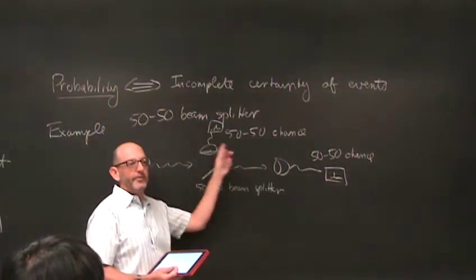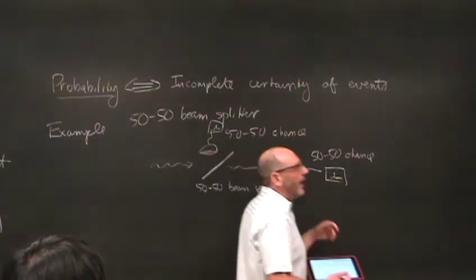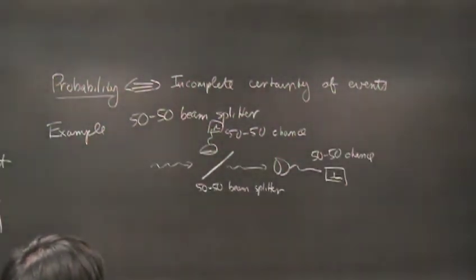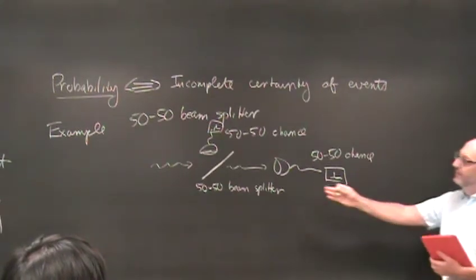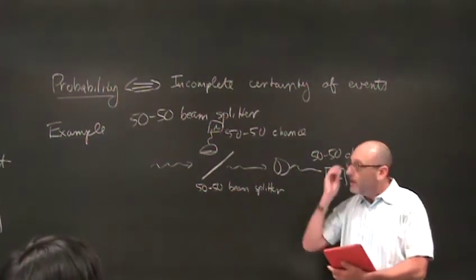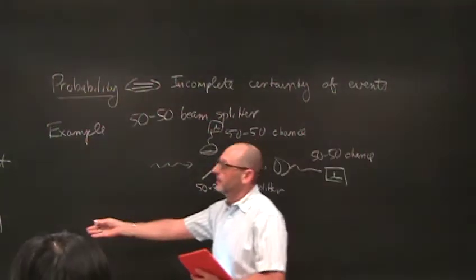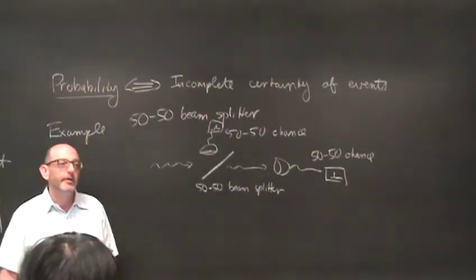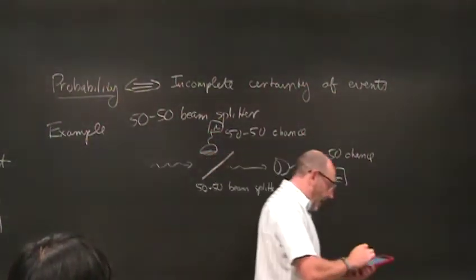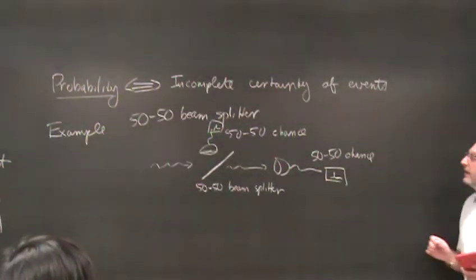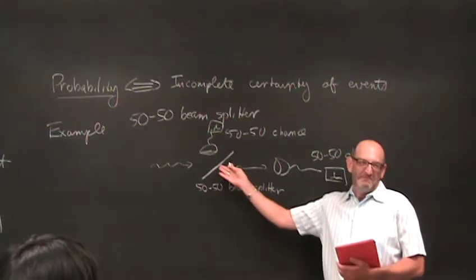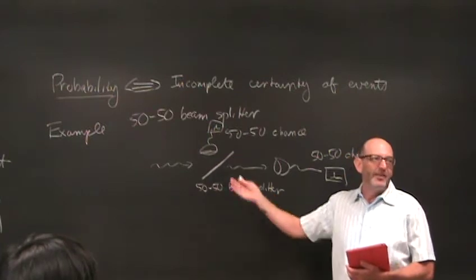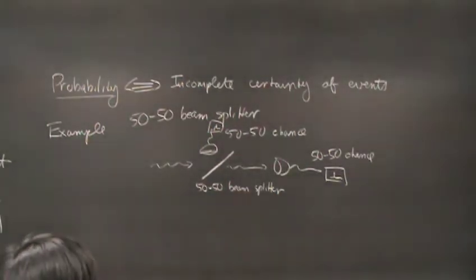I'd see either this or that. And each one is a 50-50 chance of that happening if this is a 50-50 beam splitter. So this is a set of random events. Okay, so this kind of looks like flipping a coin, right? A fair coin, you flip a coin, and if it's a fair coin, you have a 50-50 chance of it coming up heads or tails.